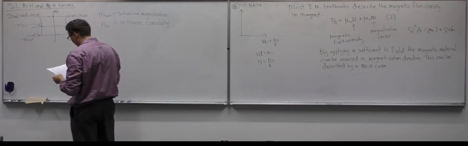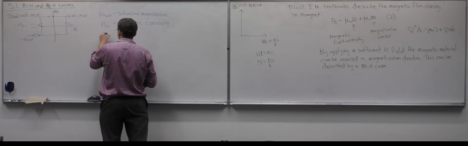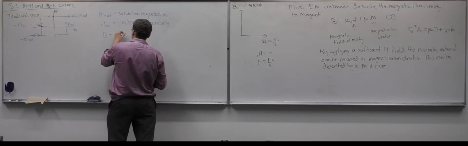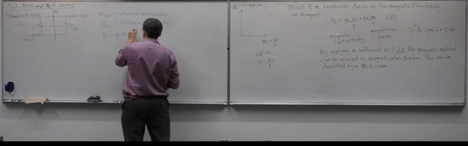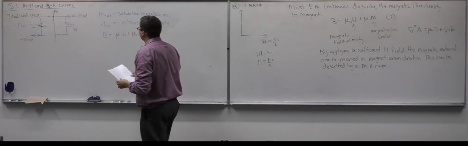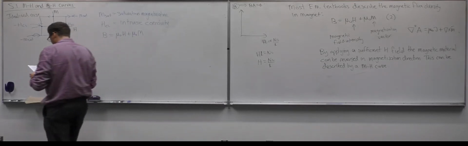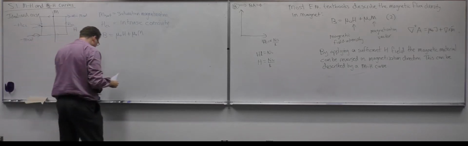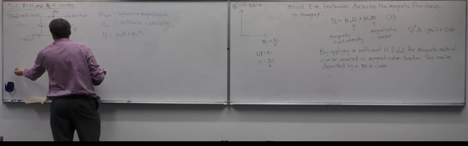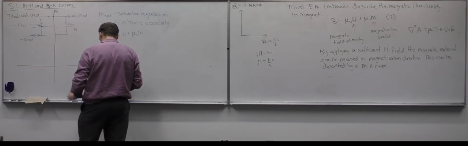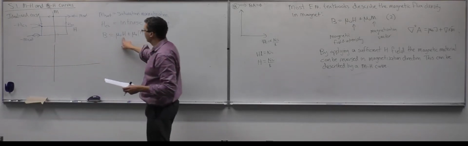Now we know that B is equal to mu naught H plus mu naught M. Okay. So now let's plot how B and H are related.